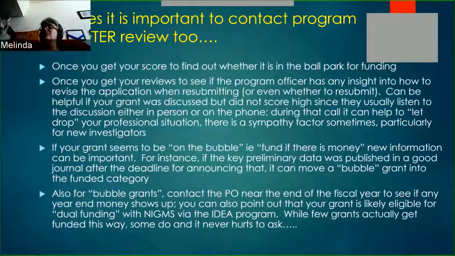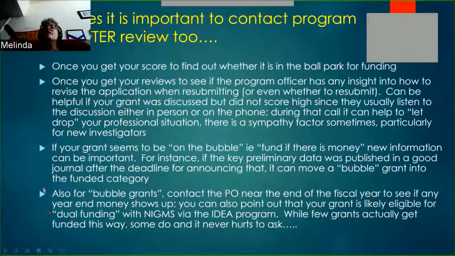I had published a very high profile paper on this subject around the time the grant was going to council. And I was able to talk to the program officer. I then sent them a copy of the paper. And that grant that was on the bubble got moved very quickly into the funded category. So this is a case where late new information can be really, really helpful.